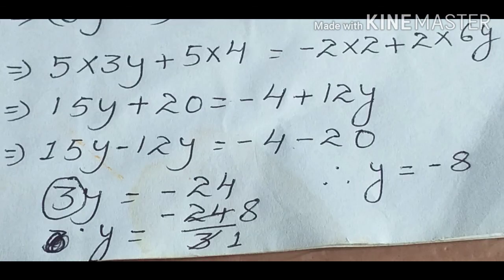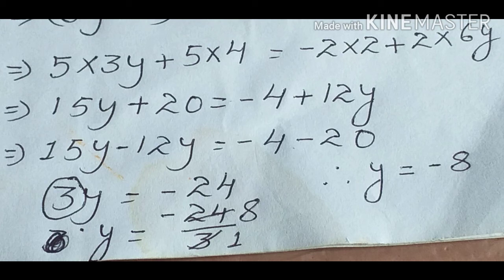Clear? Now next we have to separate the like terms, that means 15y and 12y together you have to write down. So 15y we already have in the left hand side, and this plus 12y we have to bring to the left hand side.